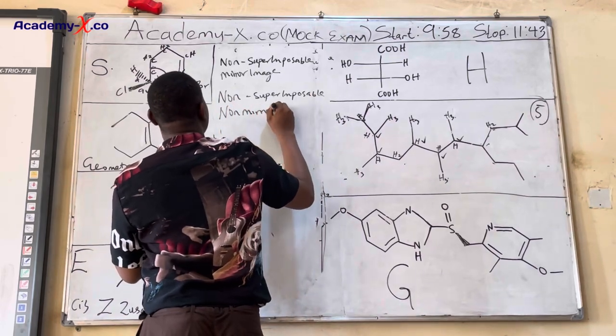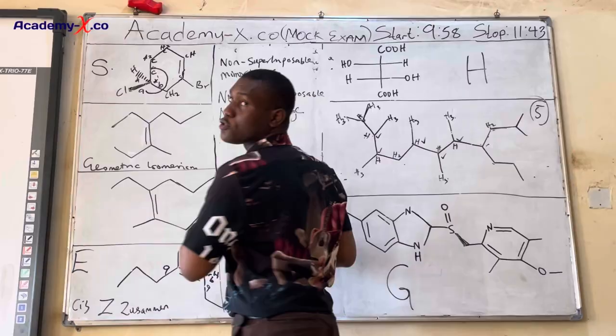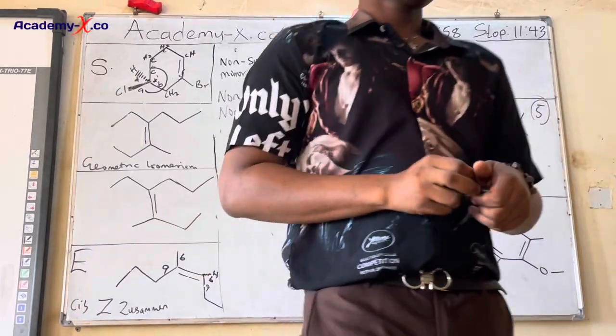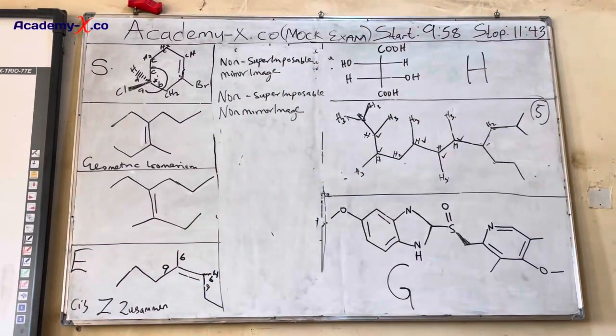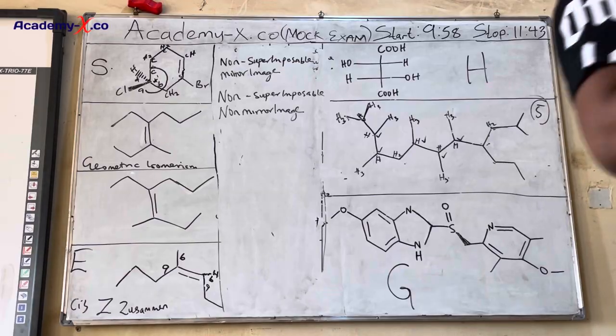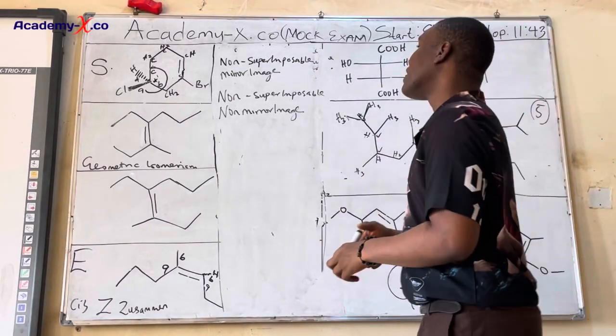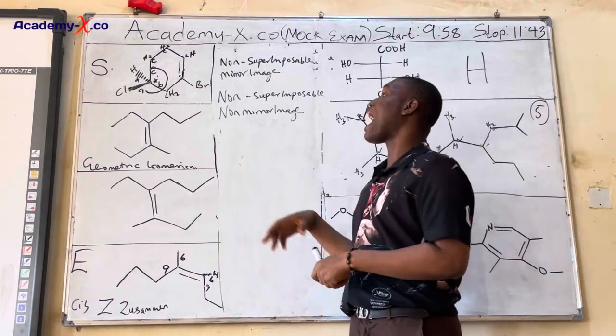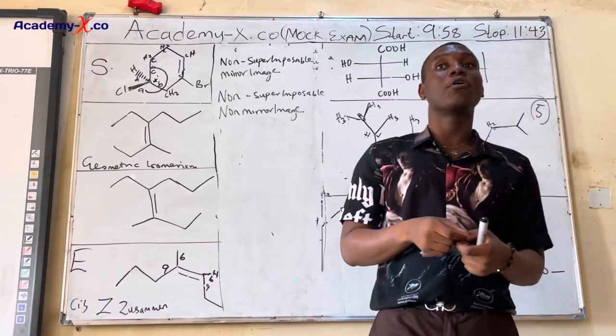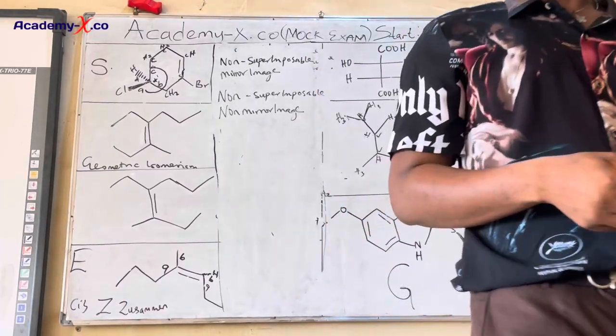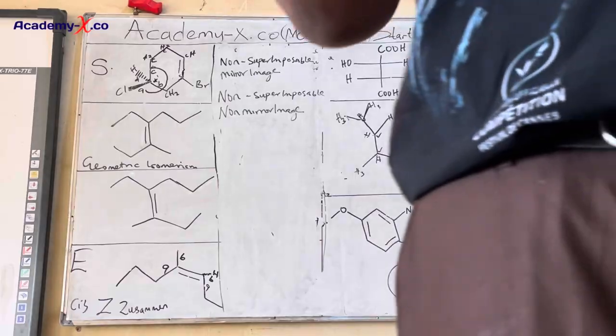Non-mirror images. Take note of these two keywords. Enantiomers are non-superimposable mirror images, while diastereomers are non-superimposable non-mirror images. You want to ask questions?